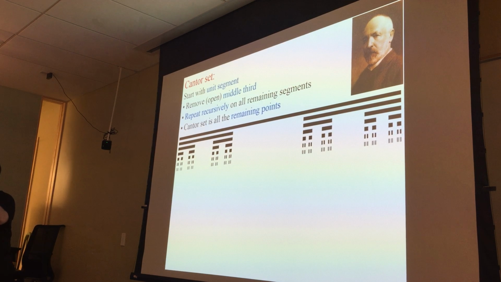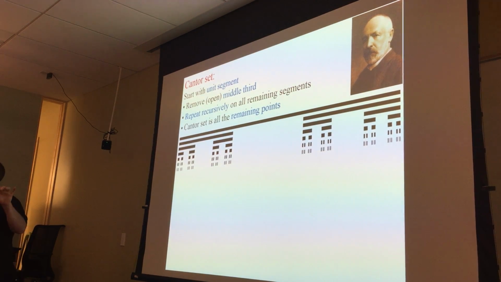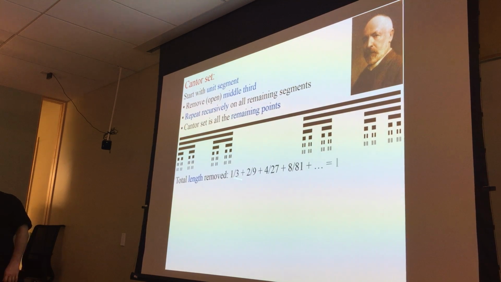But the solid segment that remains, it's a cloud of points. It's a fractal. So the total length that you remove is 1/3, and then 2/9, a ninth here and a ninth here, and then 4/27, and you're removing all these lengths, and the total of all the lengths that you remove, if you work out this geometric series, is exactly 1.